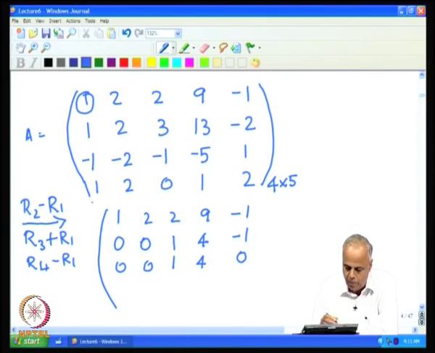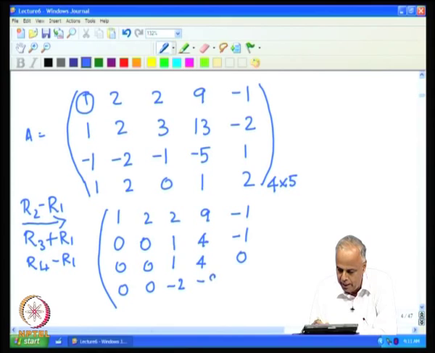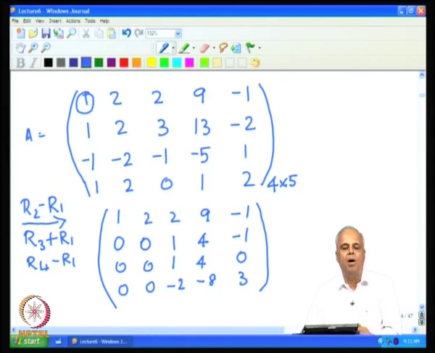And then R4 minus R1 gives me 0, 0, minus 2, minus 8 and 3. So, this is the effect of doing the first column operation on the first column of the given matrix A.